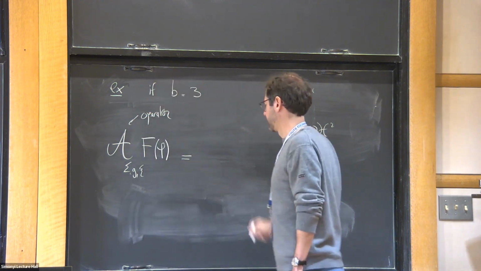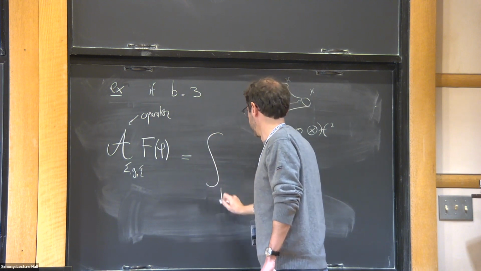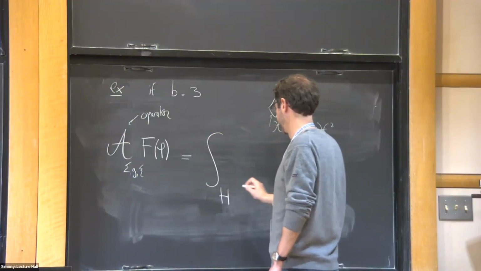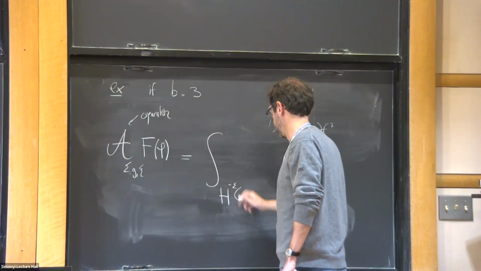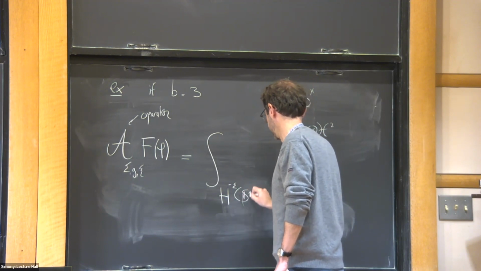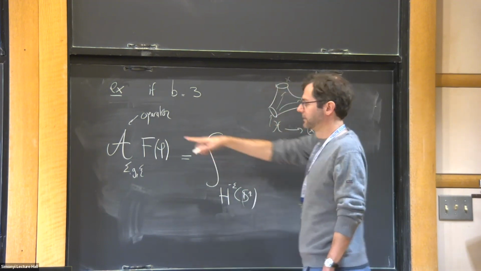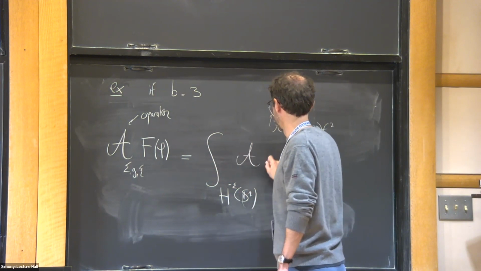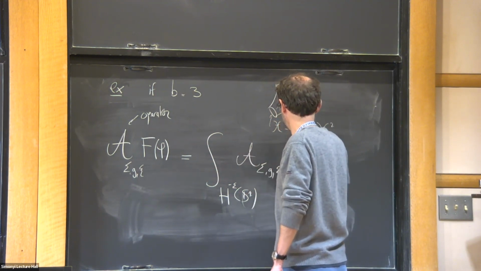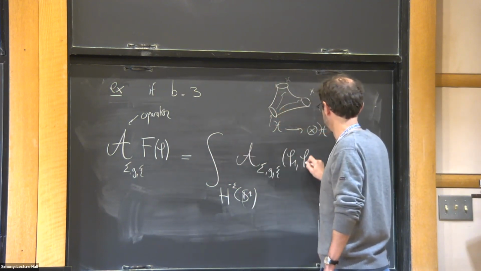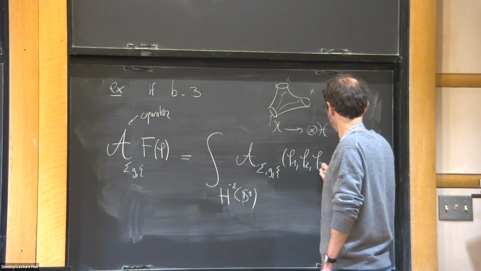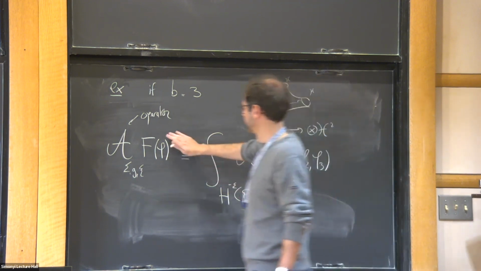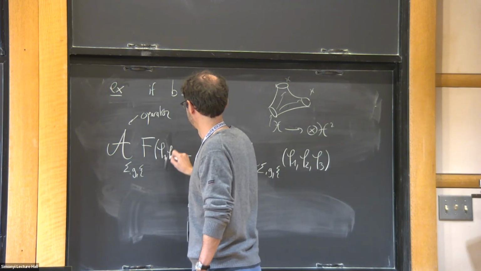I can define it as the integral over H minus epsilon of S1 of this integral kernel A sigma G xi of phi1, phi2, phi3, where it should be phi1, phi2.